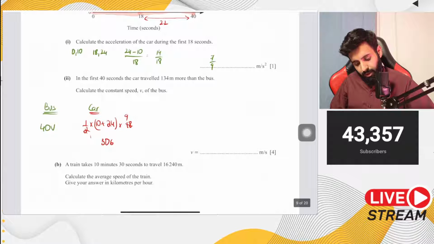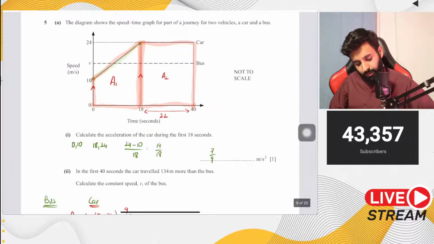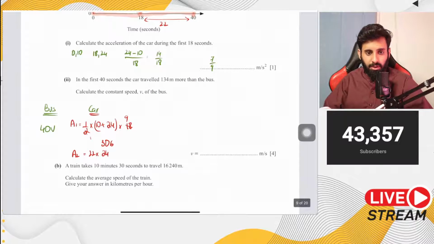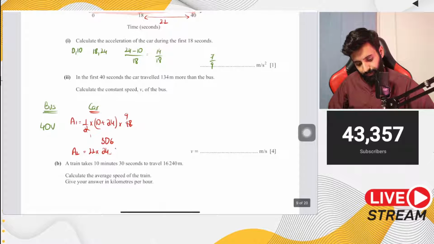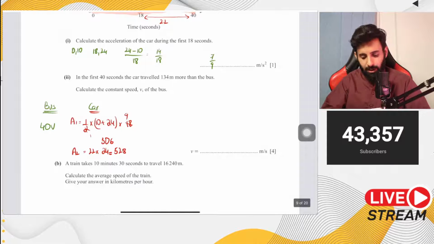So this is A1, and A2 is equal to 22 by 24, which is equal to 528. All right, now let's sum it up. 528 plus 306 is equal to 834.